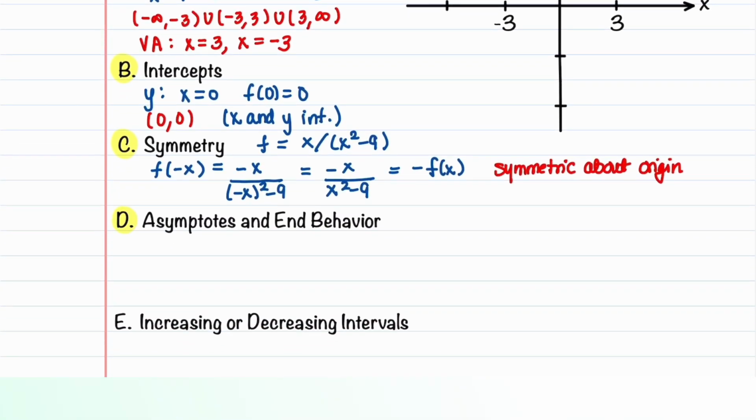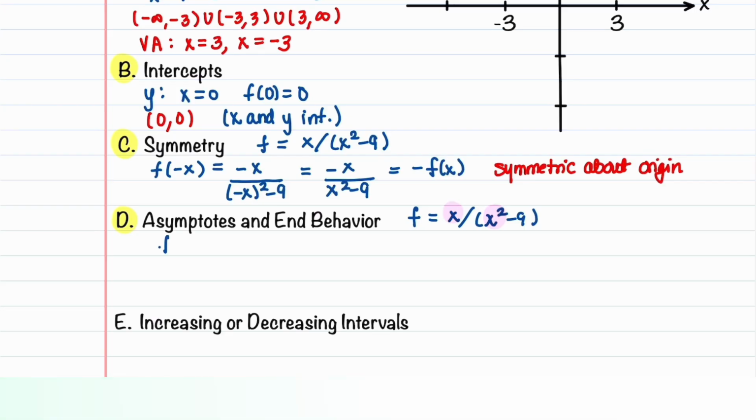Let's now look at asymptotes and end behavior. We already found that we have a vertical asymptote. Now we need to think if we have a horizontal asymptote. Let's look at our f again. It is x all divided by x squared minus 9. When we think about a horizontal asymptote, we are only concerned with the leading term in the numerator and the denominator.